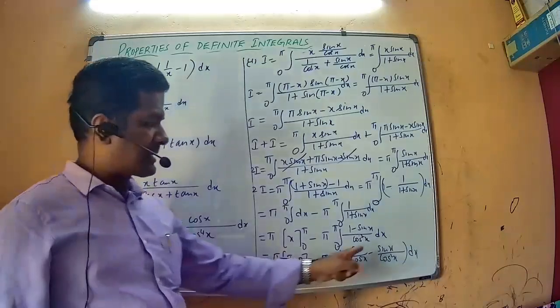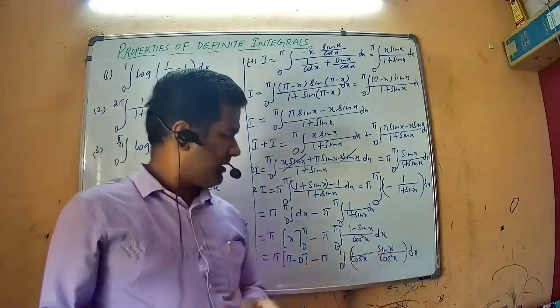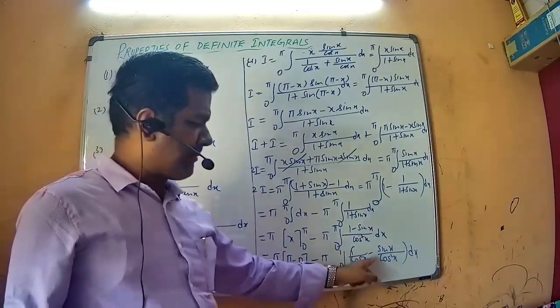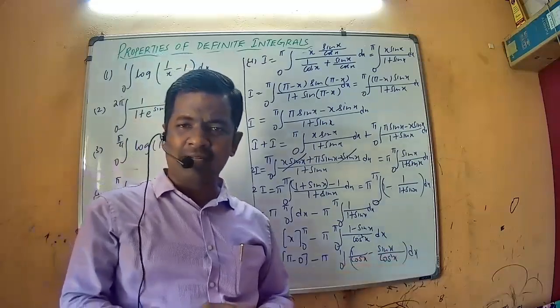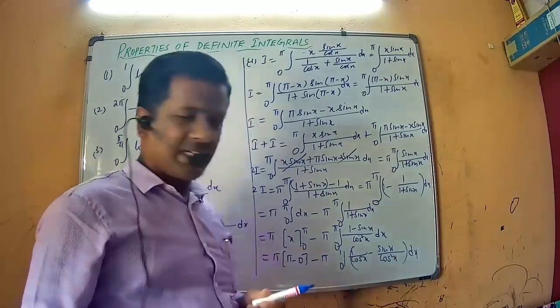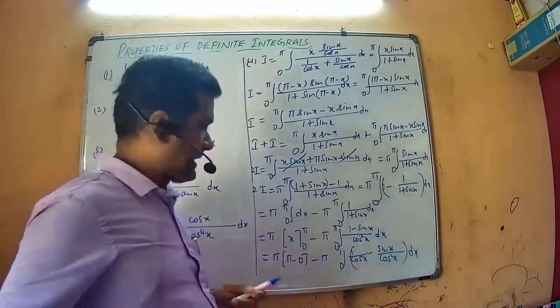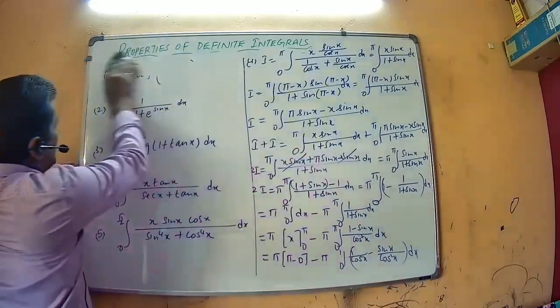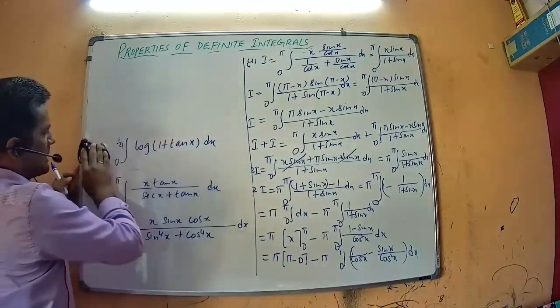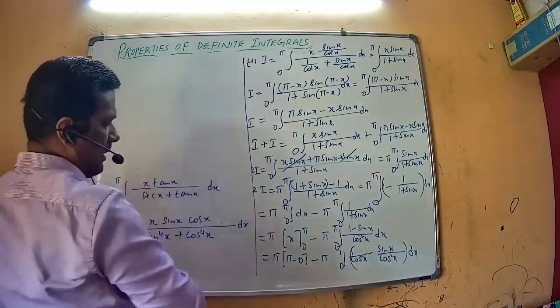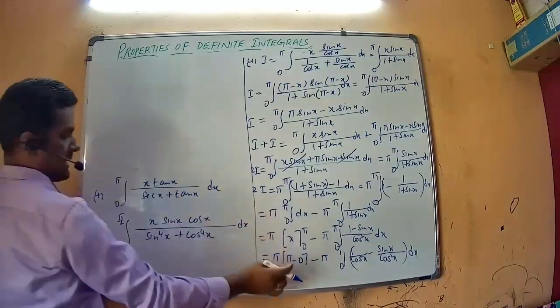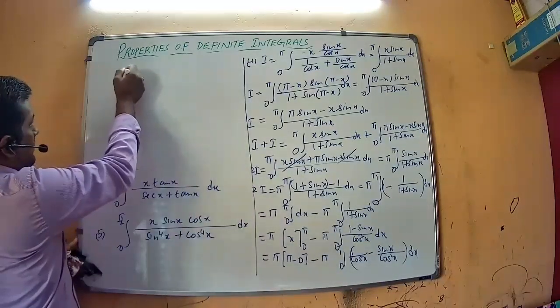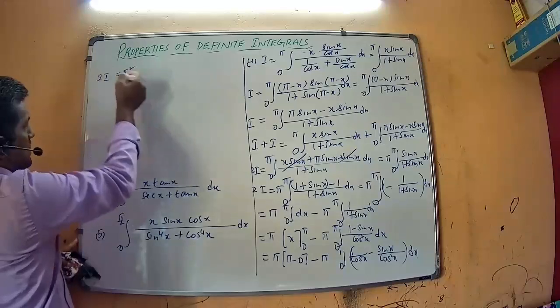So 1 by cos square x is, yes, secant square x, minus sine x by cos square x will be nothing but secant x into tan x. Let us do this. The remaining part here is nothing but pi into pi square. Okay, LHS is 2I only.